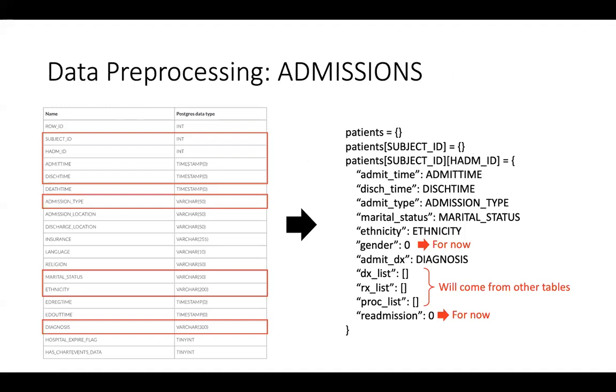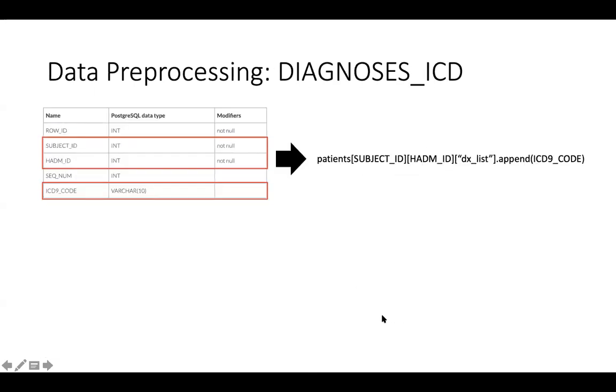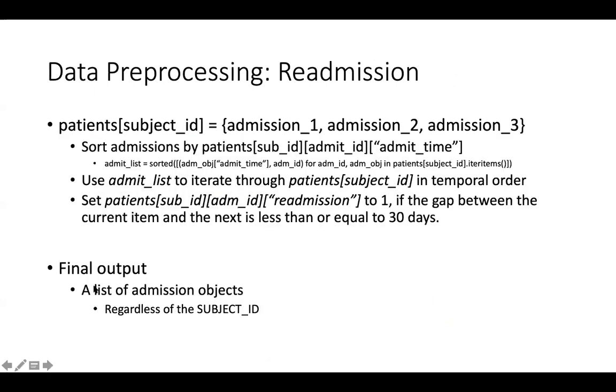Actually no, I'm sorry, the innermost dictionary, which would contain this information here, that would be individual training samples, which would have the readmission label as the target label. So the final output was a list of admission objects. So it doesn't concern the subject IDs anymore. So we no longer care about the patients.